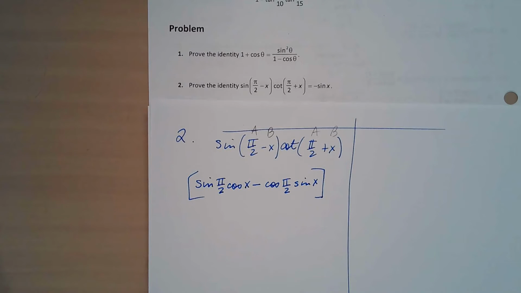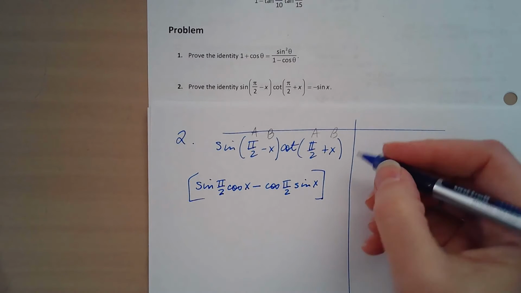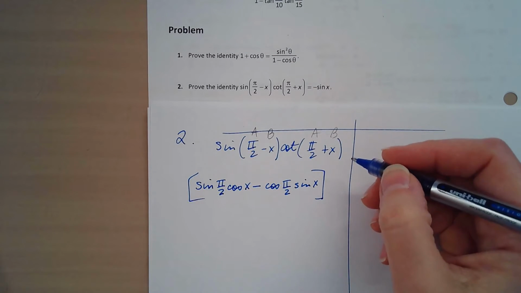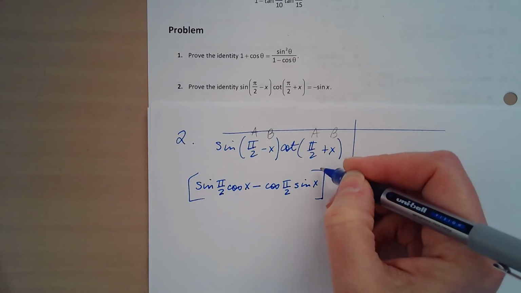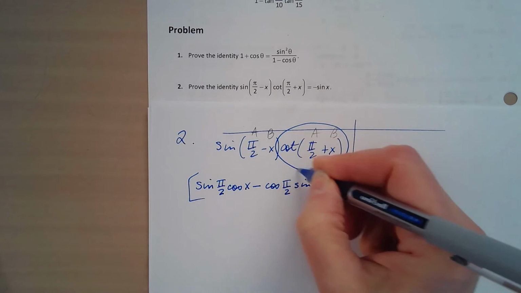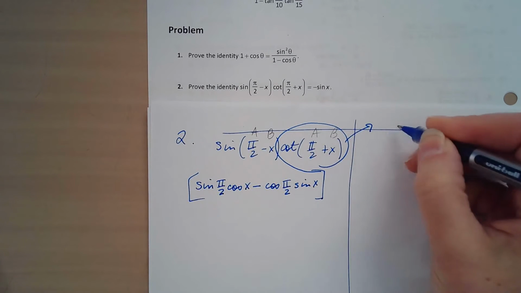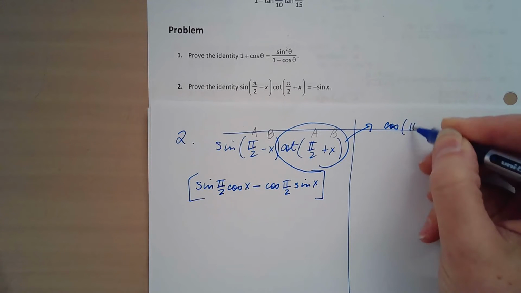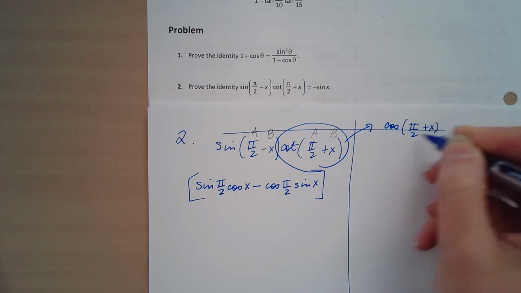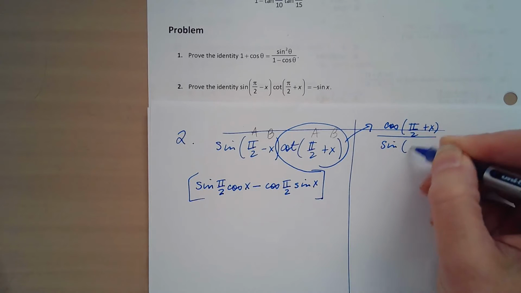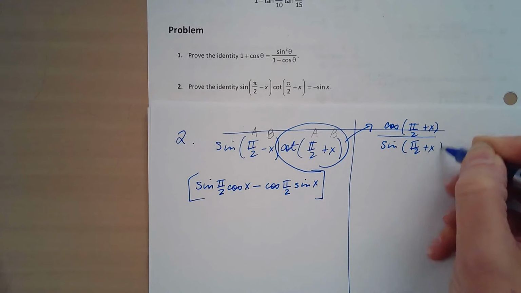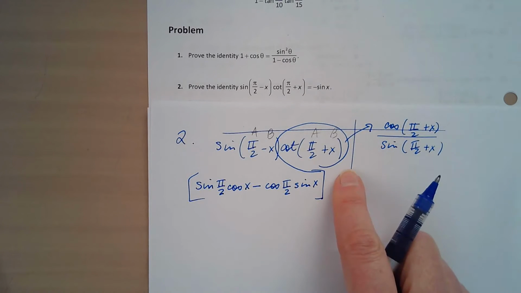So I'm going to do the cos over sine. This is my little thought bubble. My cotan, I'm going to think of it as cos of pi over 2 plus x all over sine of pi over 2 plus x. Okay, that's how I'm defining this cotan.